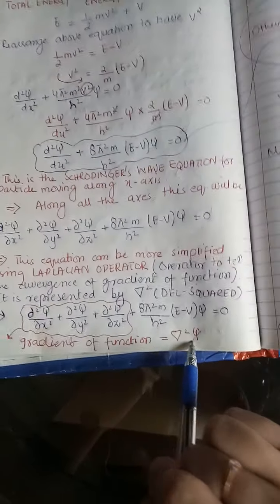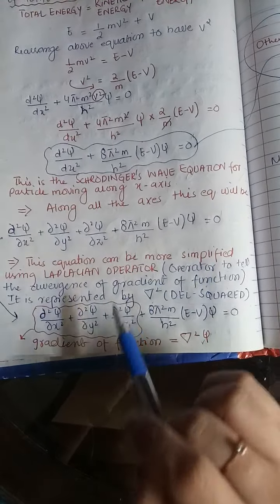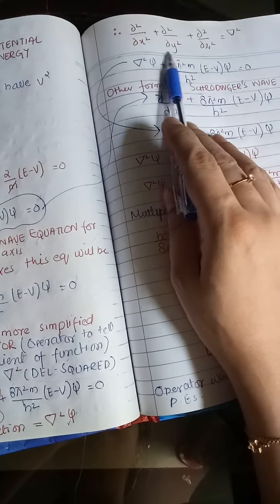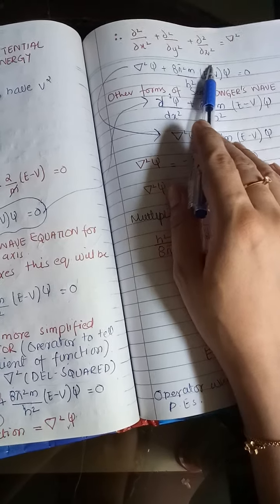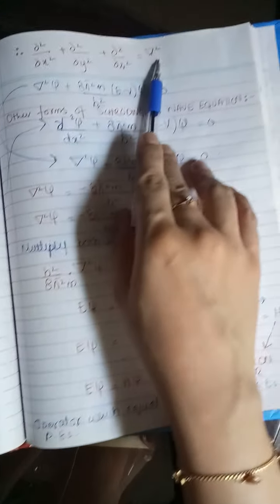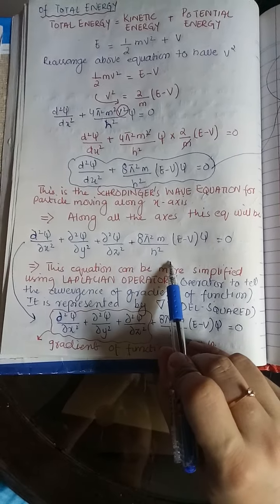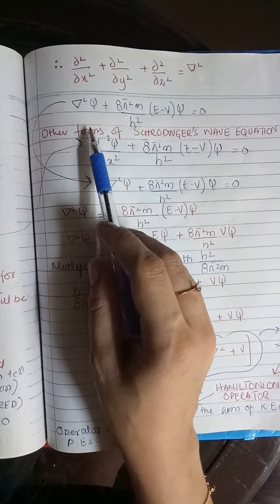You can say that in the Schrodinger wave equation, along all the axes, partial square over partial x square plus partial square over partial y square plus partial square over partial z square will be equal to del square. So this equation which we have discussed is now replaced with the Laplacian operator.